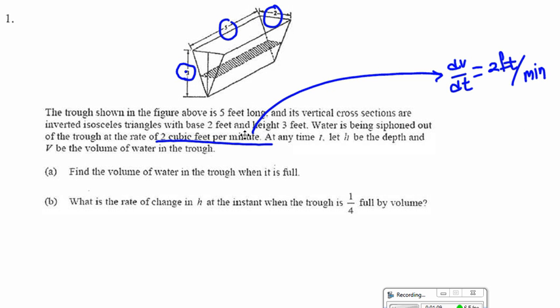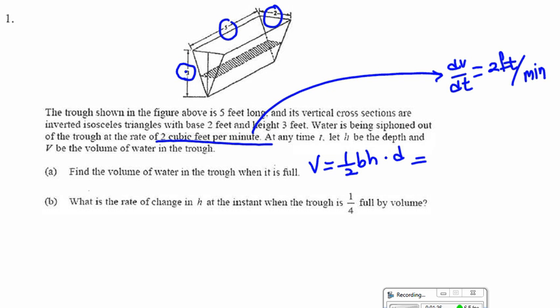Now, at any time t, h is the depth, and V is the volume of the water. Now, find the volume of the water when it's full. That's rather simple. Here, volume V becomes the triangular base, since this is a triangular prism, so we have 1/2 base times height, and then times the depth.